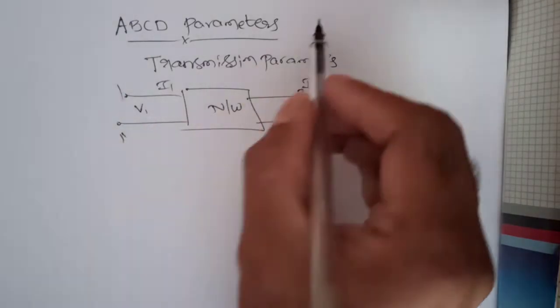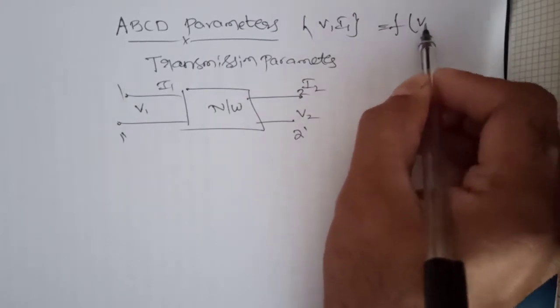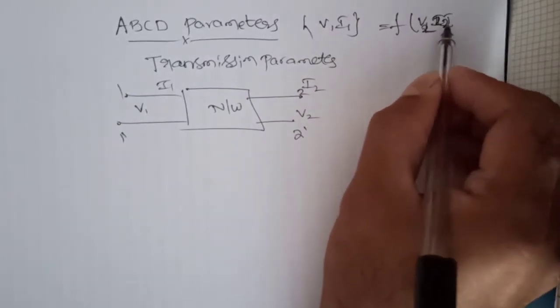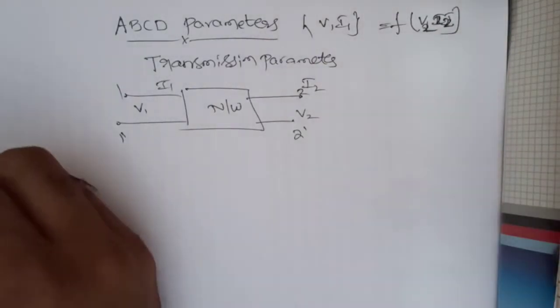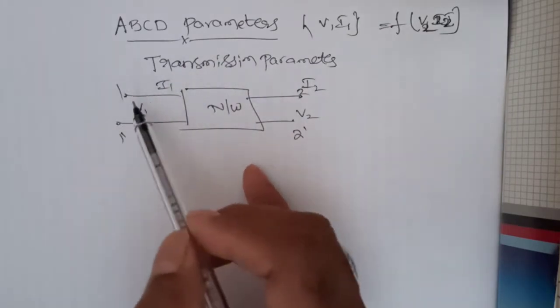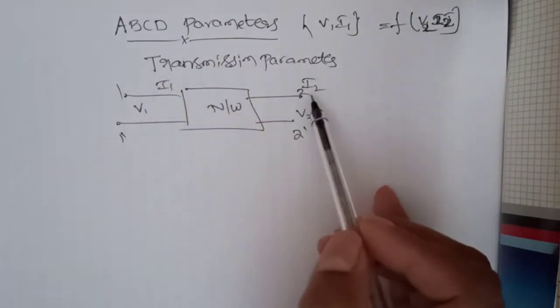We know that for ABCD parameters, V1 and I1 should be represented as a function of V2 and I2. That's why these parameters are called transmission parameters. Why? Because these parameters can be represented with output parameters.